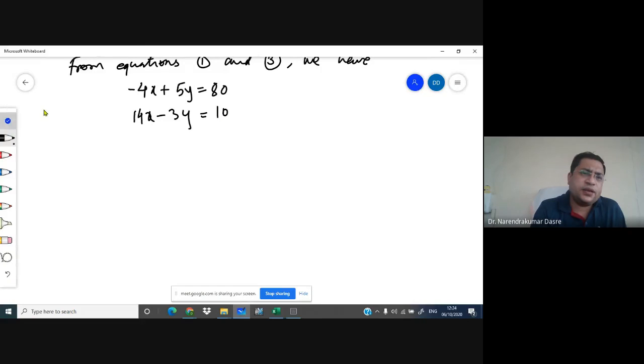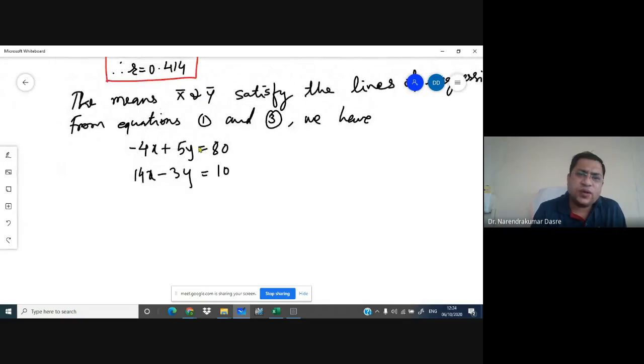As we know, x bar and y bar satisfy these two equations. That means x bar and y bar are the solutions of these two equations. So if I am able to solve these two equations, then their solution will be x bar and y bar.